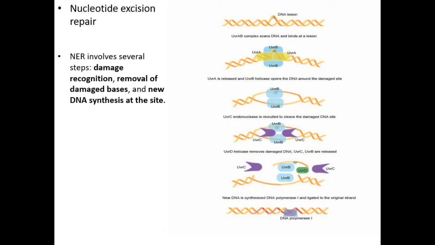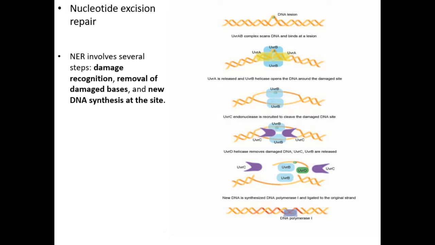If the DNA structure is distorted, then most likely they will use nucleotide excision repair, because they can recognize the strand with the bulky damage. They have to recognize this bulky damage.